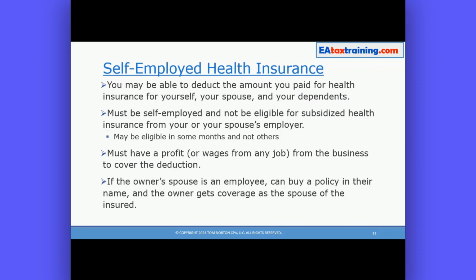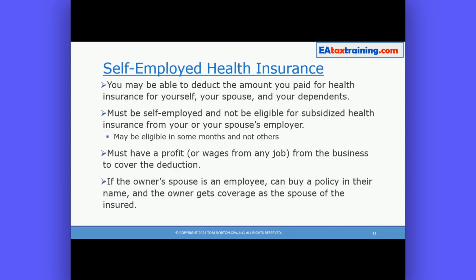So let's just do a reminder on that self-employed health insurance deduction. We did talk about this in part 1. So you have to be self-employed and not eligible for subsidized health insurance from your or your spouse's employer. So if you've got a regular job that has health insurance and you've got a sole proprietorship on the side, then you cannot take this self-employed health insurance deduction.